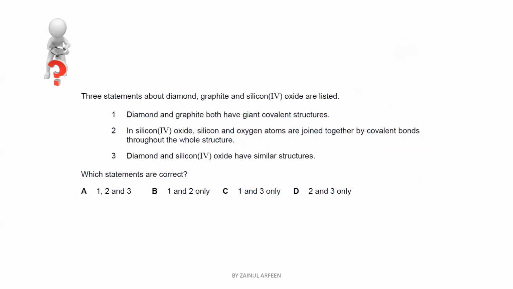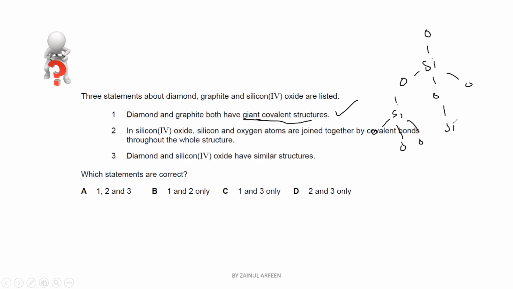When you check all the statements, the first statement, diamond and graphite both have a giant covalent structure. That's true. Silicon dioxide, silicon and oxygen atoms are joined together by a covalent bond throughout the whole structure. That's true because the structure is a macromolecule, but the bond between them is a covalent bond formed by sharing of electrons.